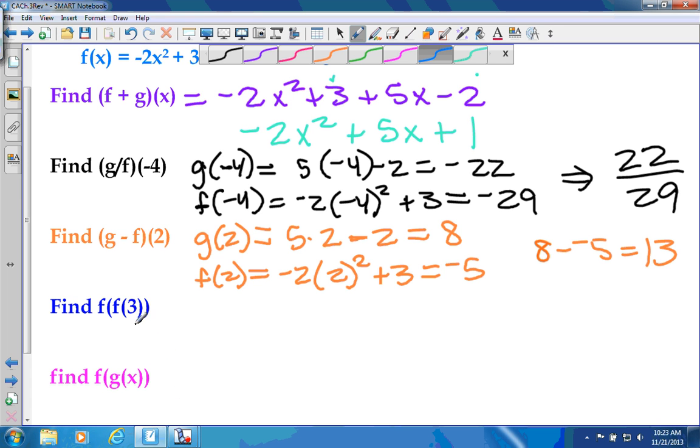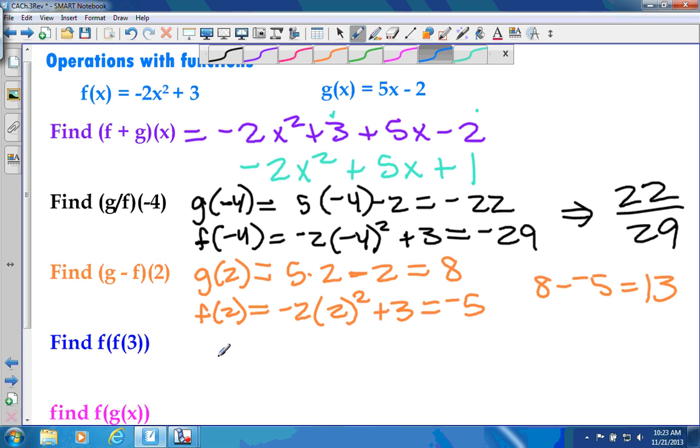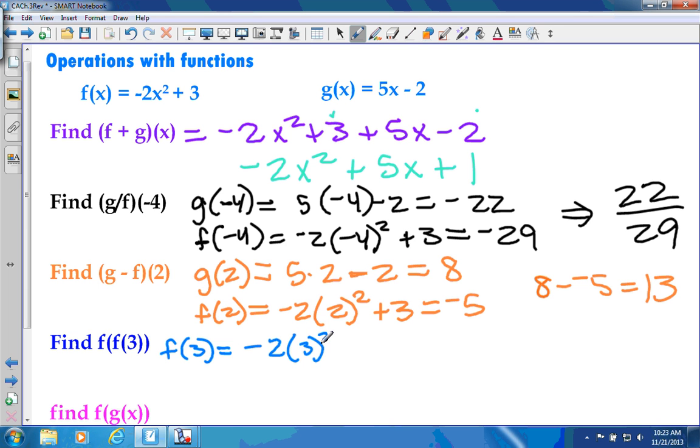f of f of 3. This is a composition of two functions, so we have to just use the f function, but first figure out what f of 3 is. Squared is 9 times negative 2 is negative 18 plus 3 is negative 15.